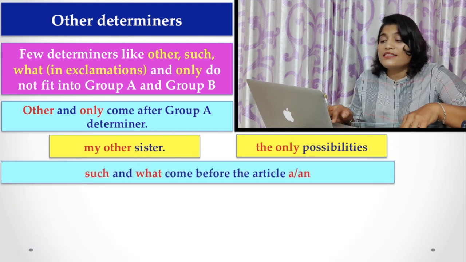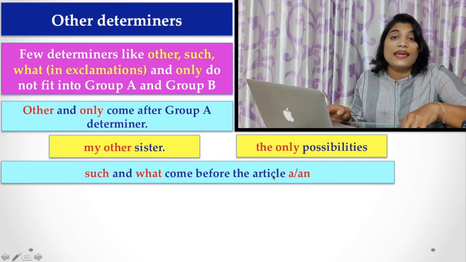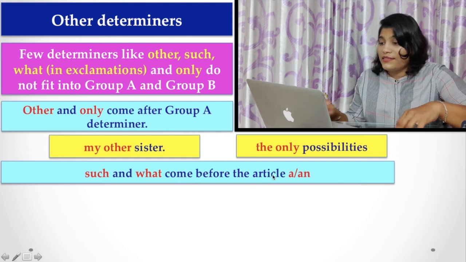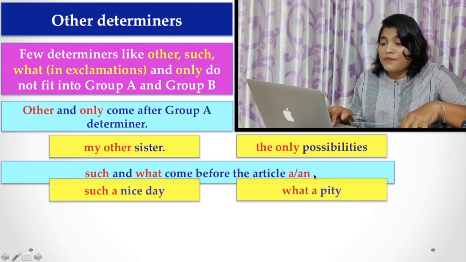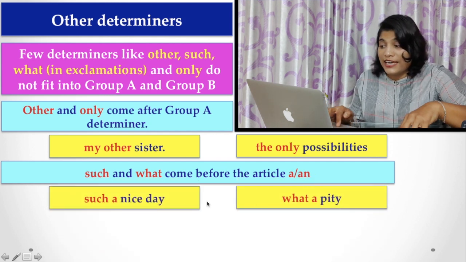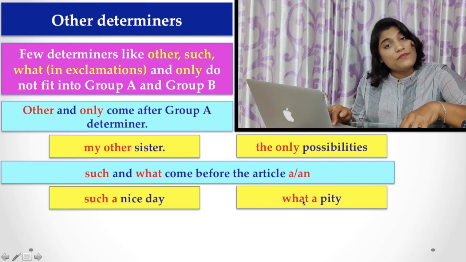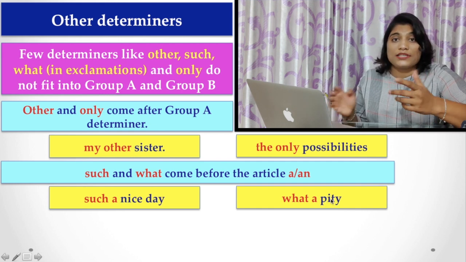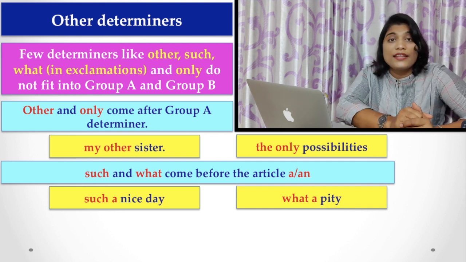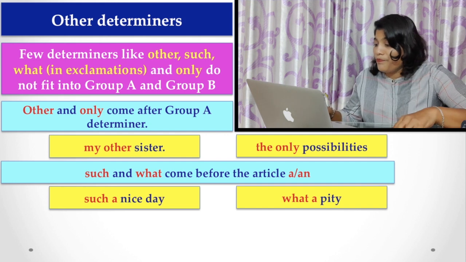Similarly, such and what come before the article a or an. This is very important in the case of these two determiners: they are always followed by a or an. For example, such a nice day, what a pity. Another important thing is that what a pity is a mark of exclamation, so you have to write it that way.